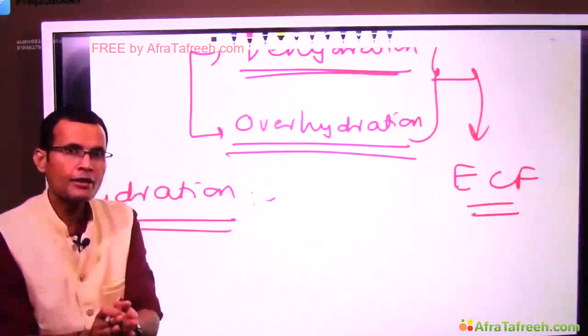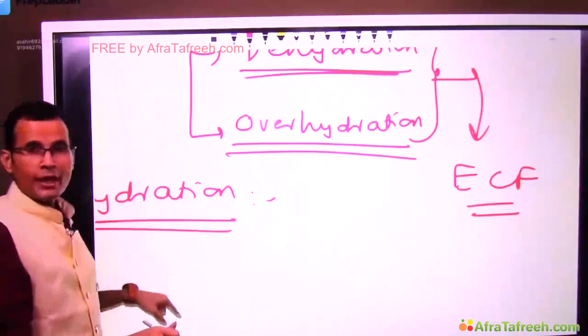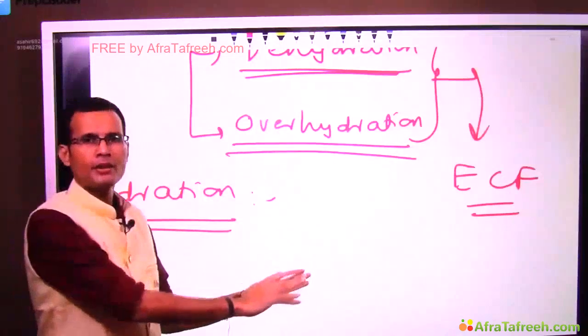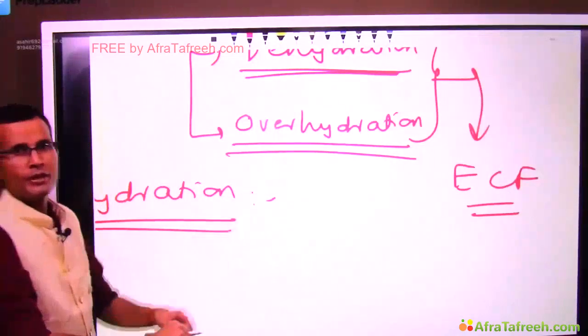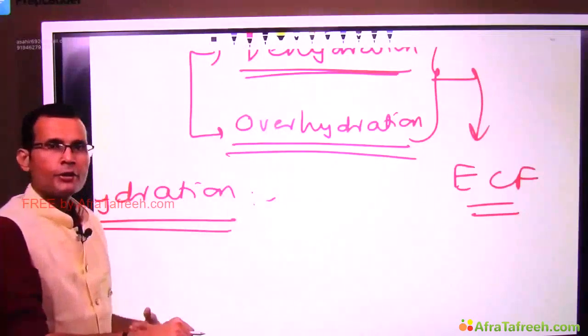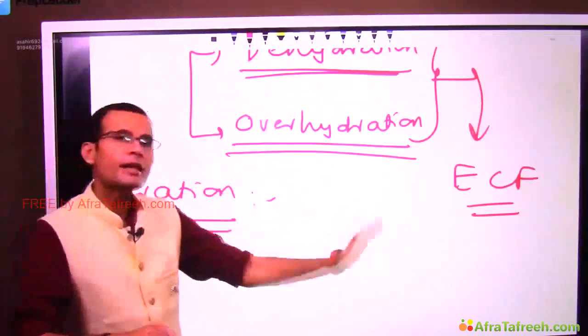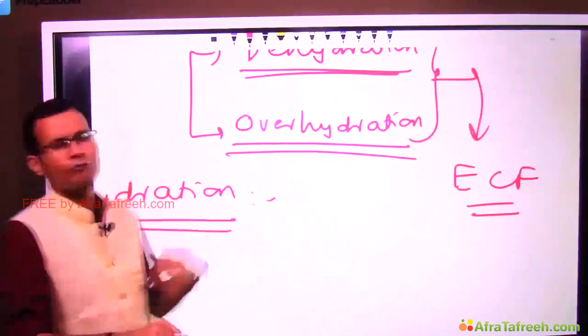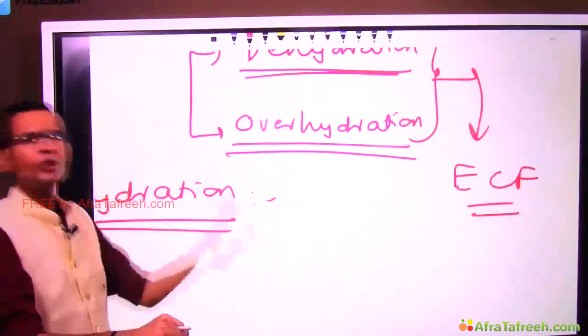I repeat once again, and I am going to describe it with examples. So don't worry. Right now, just listen to the primary basic principles of these conditions. Whether it's dehydration or overhydration, primarily it happens from the extracellular fluid. Loss of water from the ECF or gain of water into the ECF.